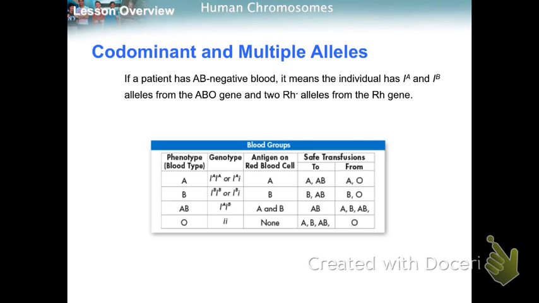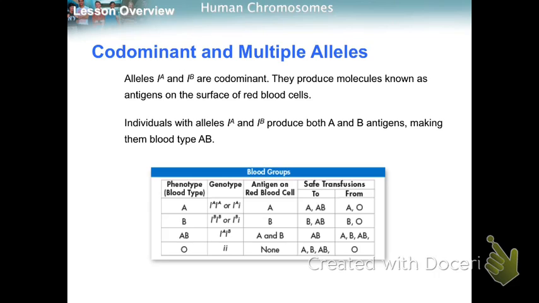So if a patient has AB negative blood, it means that the individual has IA and IB alleles, and then 2 Rh negative alleles. I just kind of explained this.